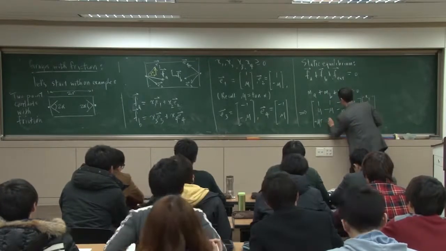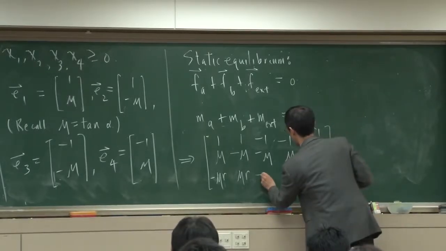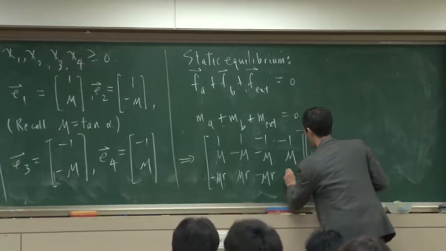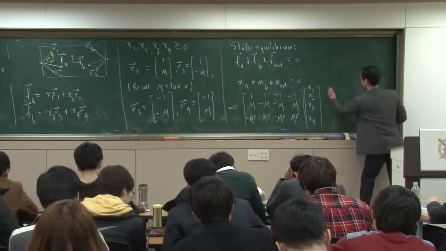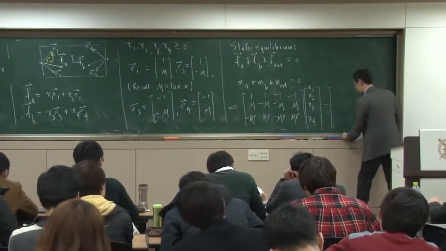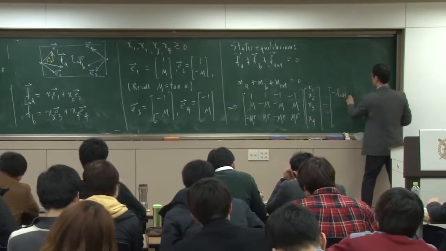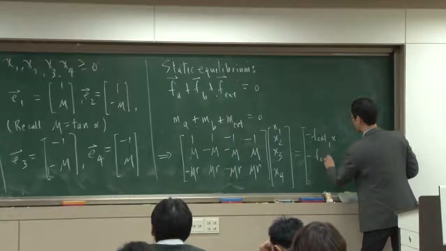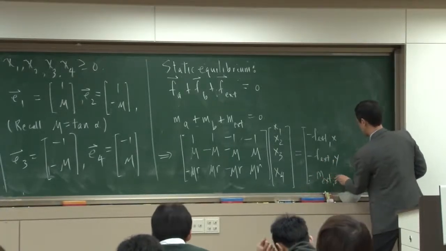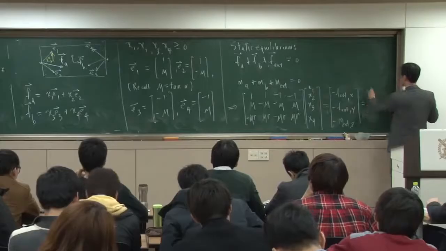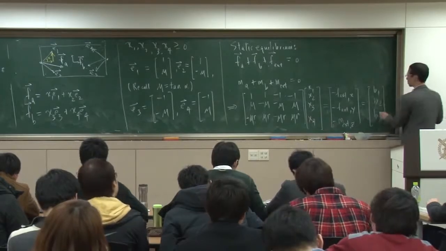E2 is positive mu r. E3 is minus mu r. E4 is positive mu r. This has to equal the external force in the x component, the negative of the external force in the y, and the negative of the external moment. I'll just call these B1, B2, B3.